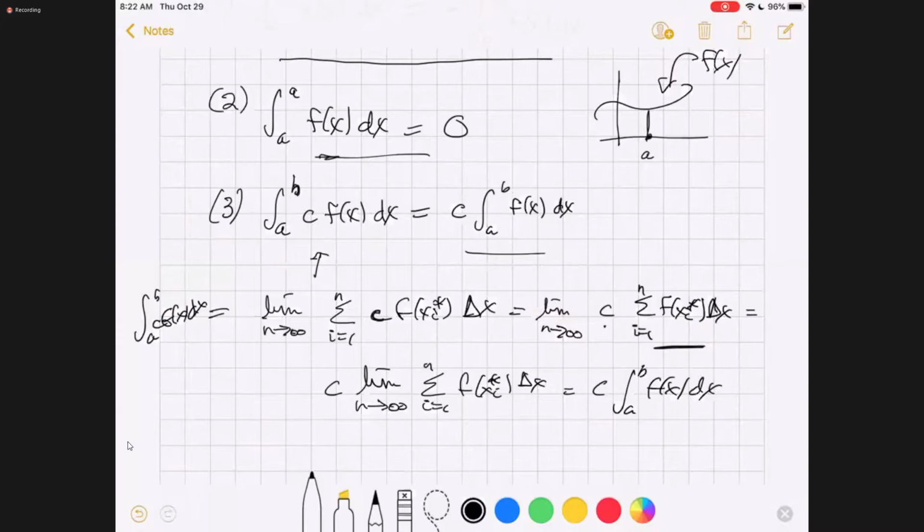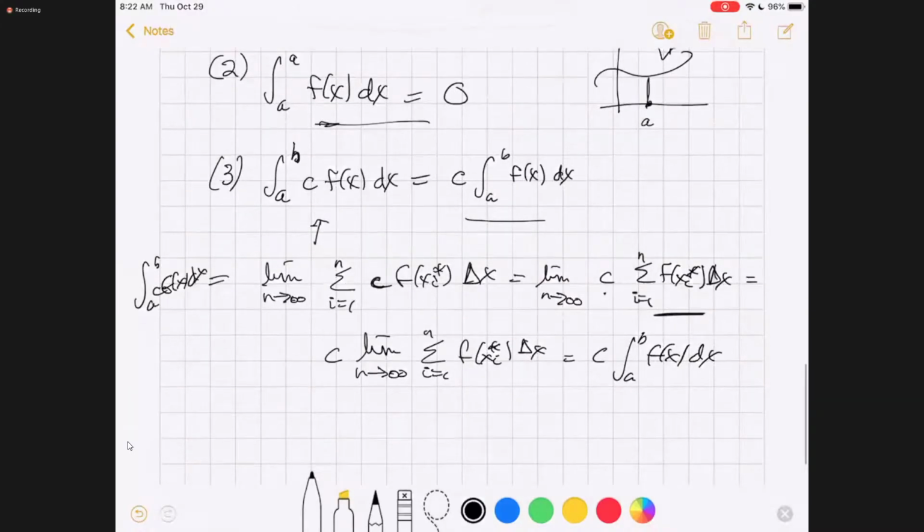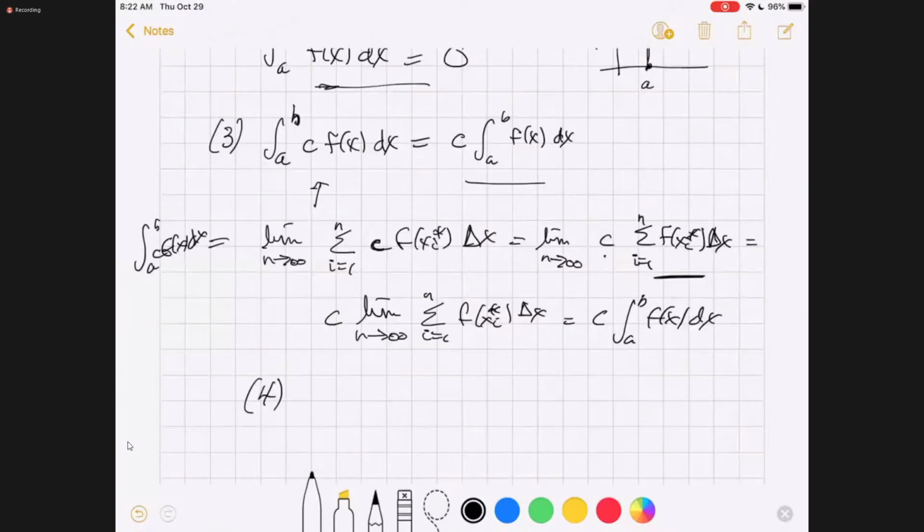What if you're just integrating a constant? Can say even more. So it says the integral from a to b of c dx. And again, if c is positive, this is going to be taking the area of a rectangle.